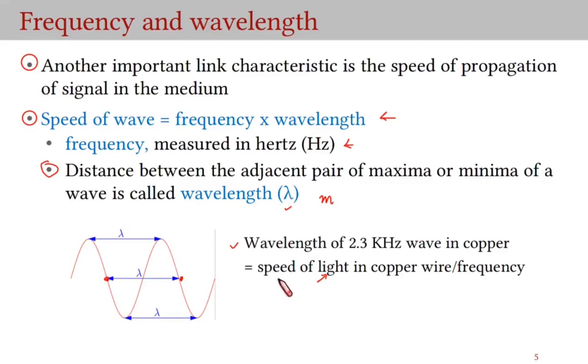And so this is going to be the speed of light in copper wire divided by the frequency, which is 2.3 times 10 to the power 8 meters per second, that's the speed of light in copper, divided by the frequency that is given to us, which is 2.3 times 10 to the power 3 hertz, which is per second. And the per second unit here cancels, so you're left with meters, and what we get is 10 to the power 5 meters or 100 kilometers.